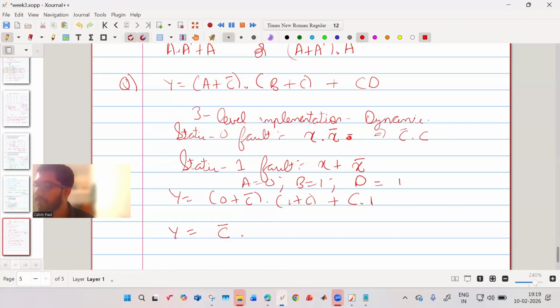What is 1 or C equal to? 1, correct. And what is C and 1 equal to? C, correct. So you have a case where it could be C bar or C, and this is your static 1 fault.